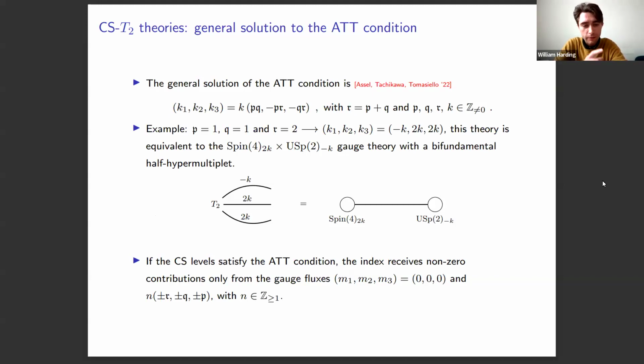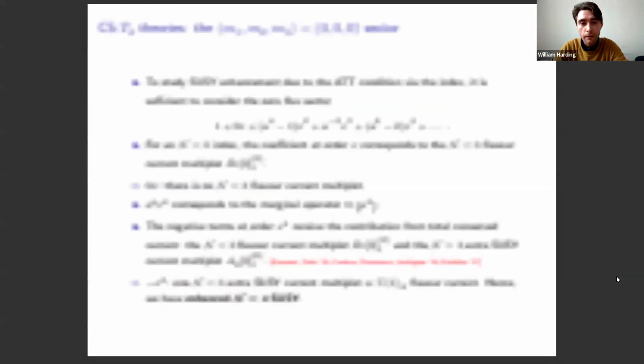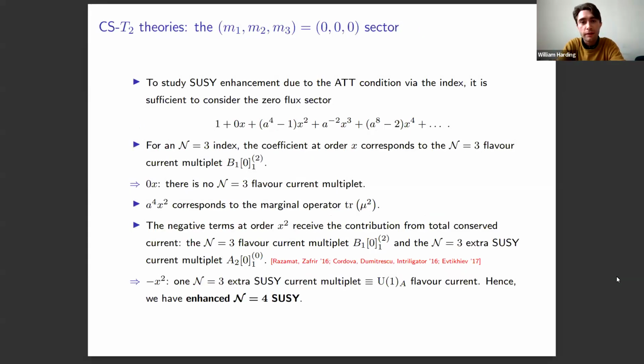Now, importantly, if the Chern-Simons level satisfies the ATT condition, then the index receives non-zero contribution only from 0 gauge fluxes and from gauge fluxes of this kind. And now in the next slides, I will analyze these 2 kinds of contributions to the index. So let us start with the zero flux sector.